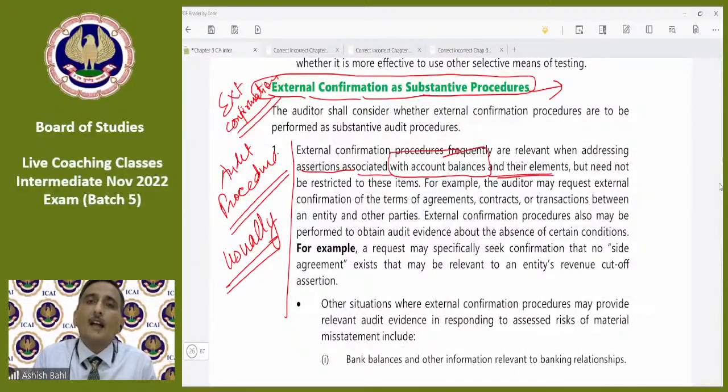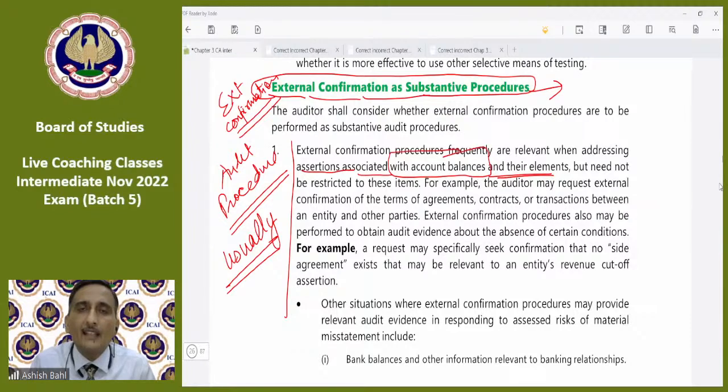But another important thing is that external confirmations need not be restricted to account balances alone. There can be other things also for which external confirmations are performed, like say the company has entered into an agreement with a third party, and the auditor wants to verify whether there has been a change to the terms of the agreement.